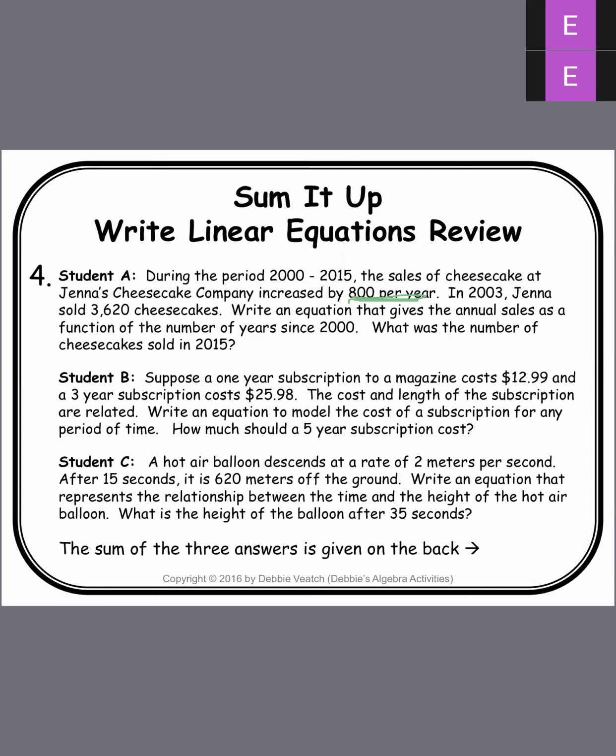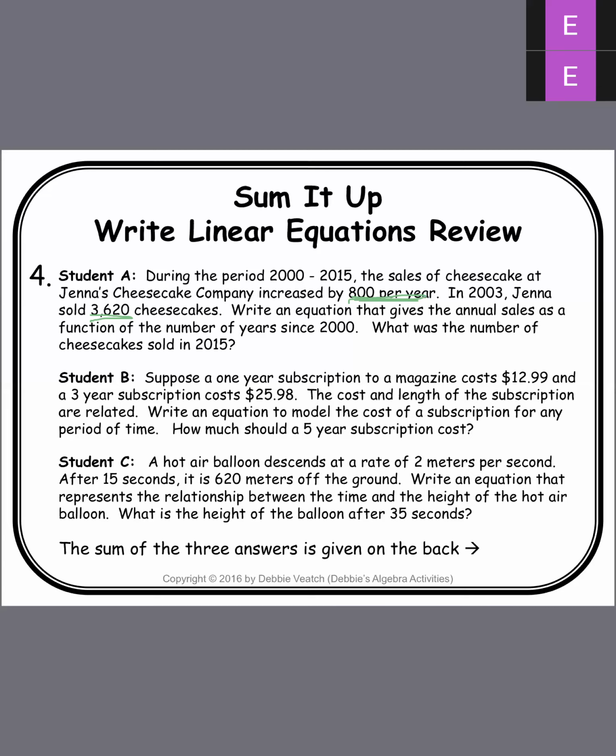They want to know what was the number of cheesecakes sold in 2015. So you have a couple of options here. You could make a table. You could start with 2003 and then keep adding 800 every year until you get up to 2015. But it's probably going to be a lot faster to go ahead and write an equation.